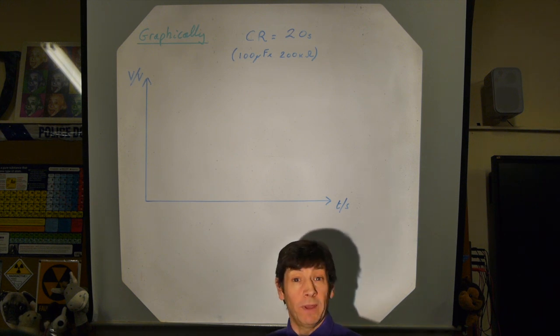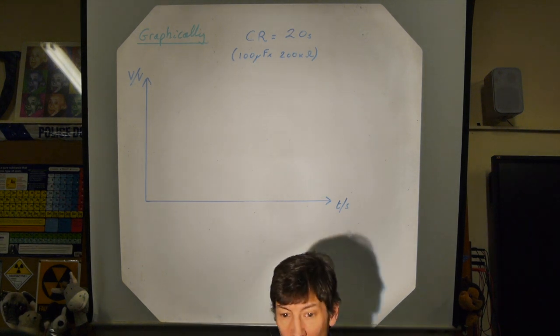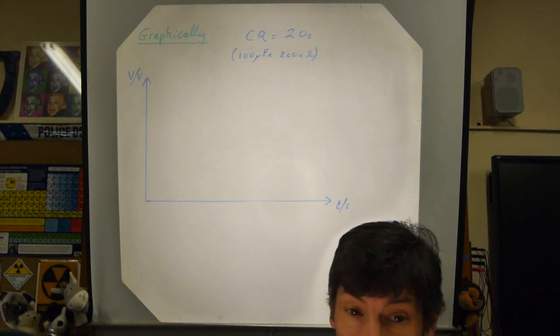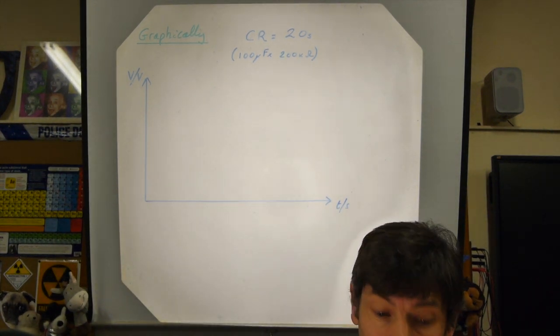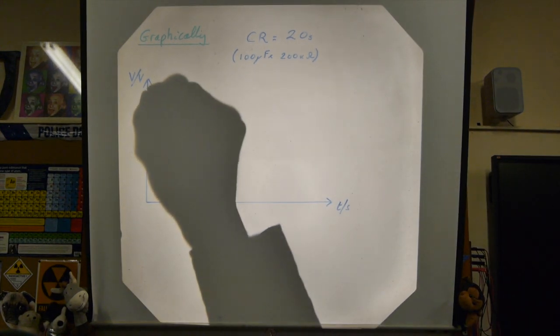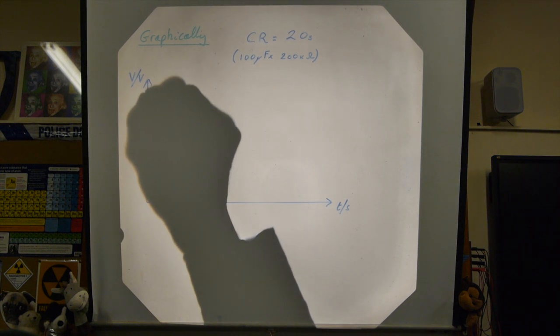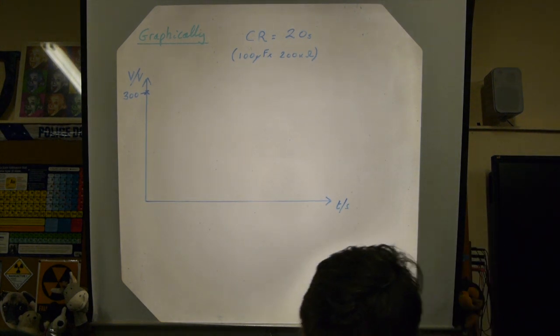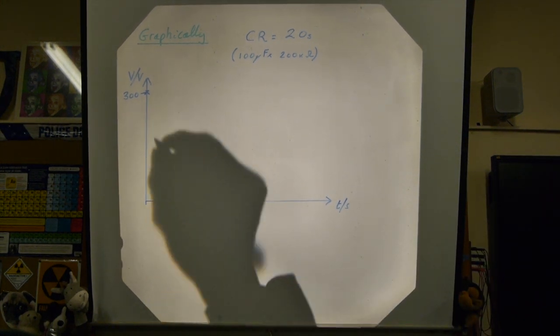Imagine we had a high voltage capacitor. They do exist. And we charged the capacitor up to the power supply, which was a 300 volt power supply. So you know that the starting voltage on the capacitor up here is 300 volts. Now I'm going to put a time axis on here.